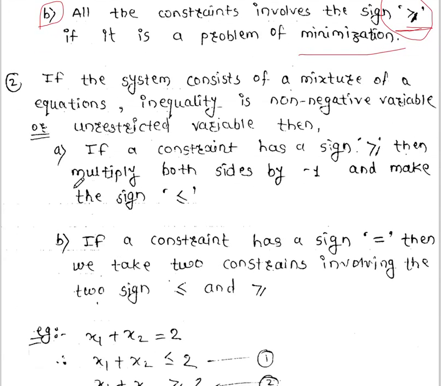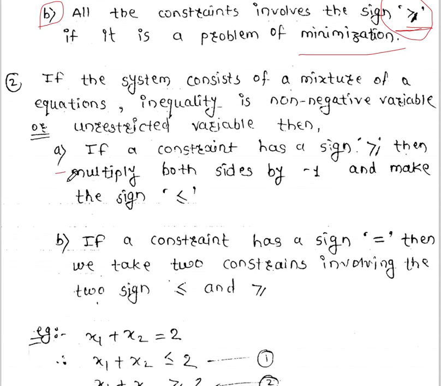Now see the second step. If the system consists of a mixture of equations and inequalities, with non-negative variables or unrestricted variables, then what do we have to do?